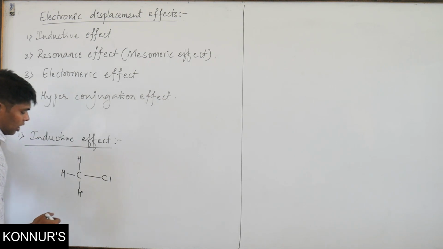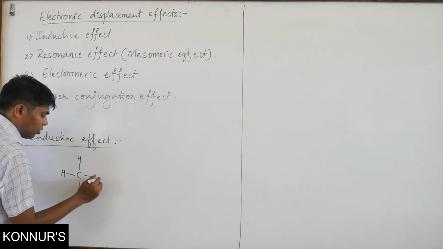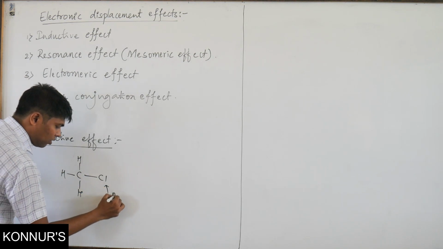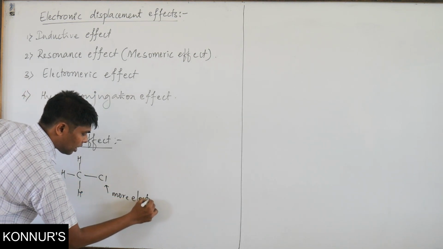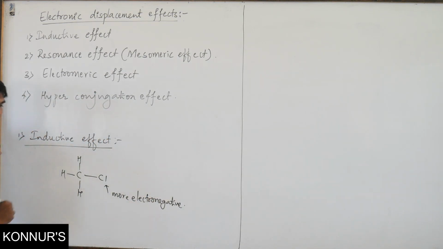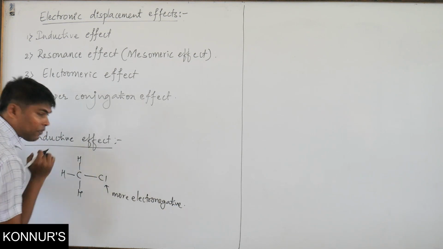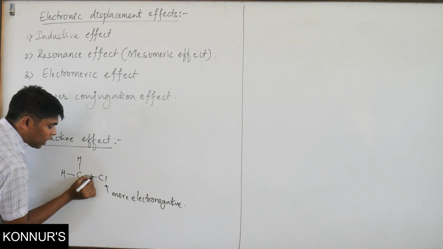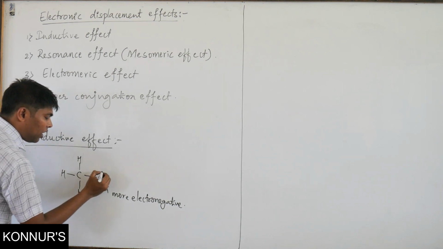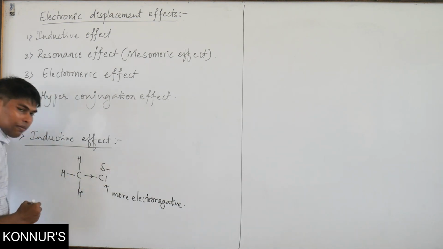In these, let us talk about the bond between carbon and chlorine, where chlorine is more electronegative compared to carbon. What happens is, the more electronegative element tends to attract the bonded pair of electrons. So it increases the electron density on chlorine, so that chlorine will get a partial negative charge.